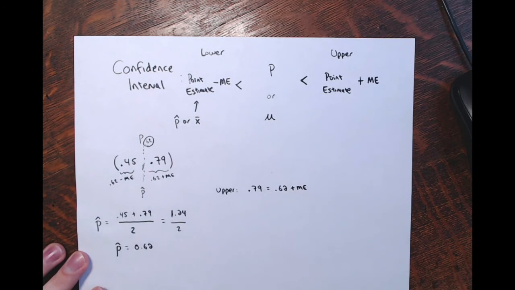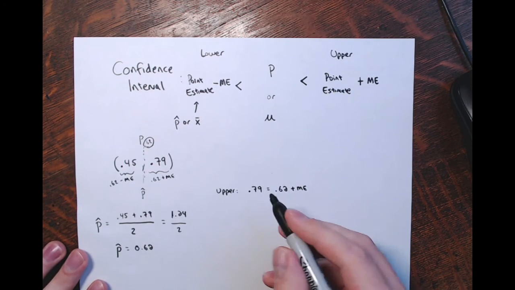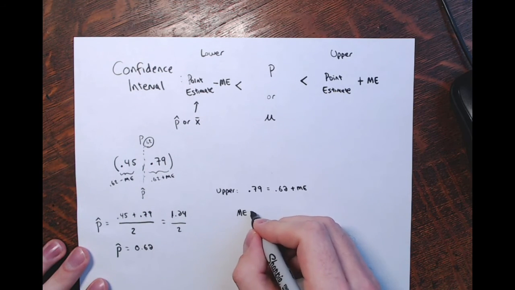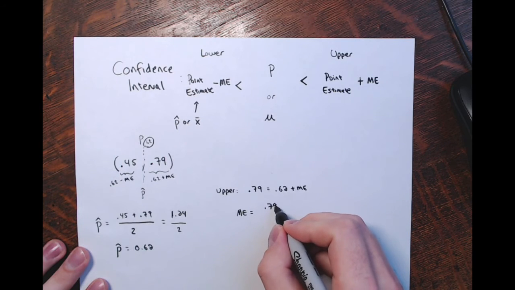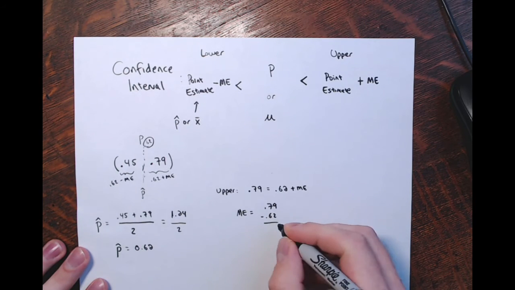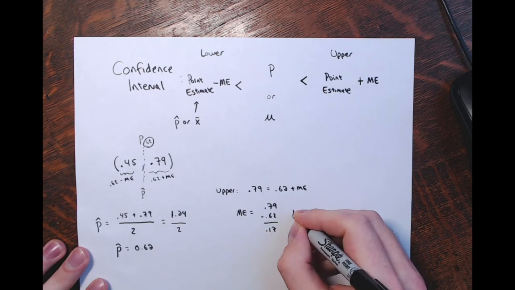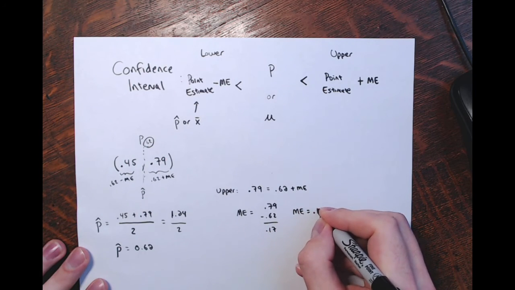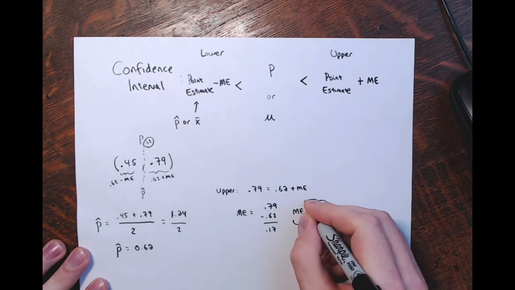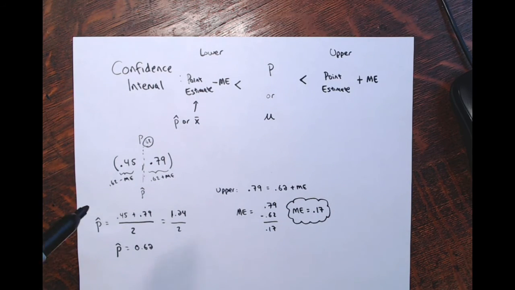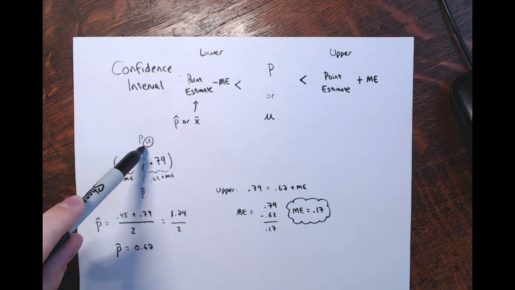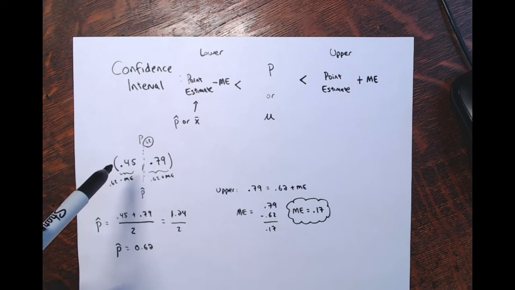I can solve for the margin of error by subtracting 0.62: 0.79 minus 0.62 is 0.17. Check it out: if I take 0.62 and add 0.17, I get 0.79. If I subtract 0.17, I get 0.45. So that is correct for the margin of error.